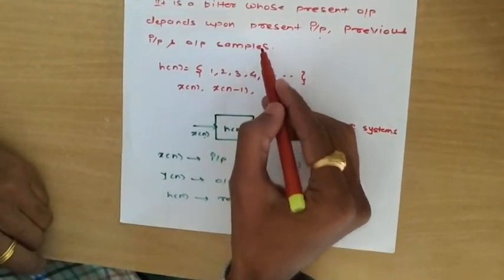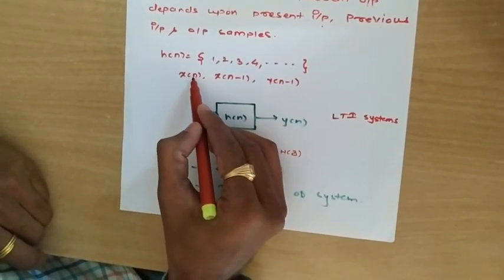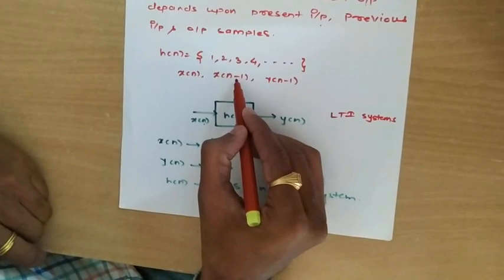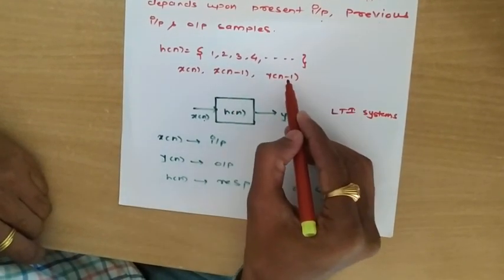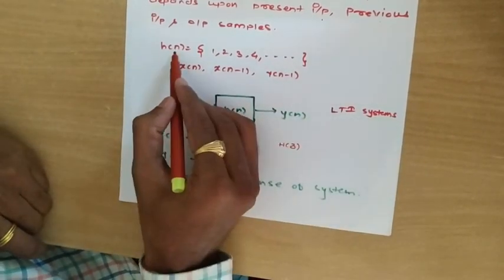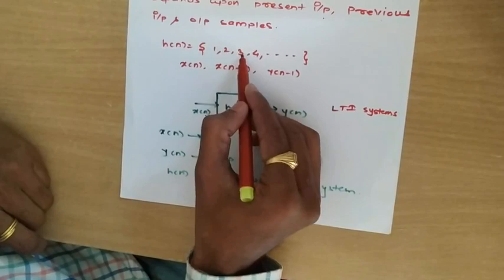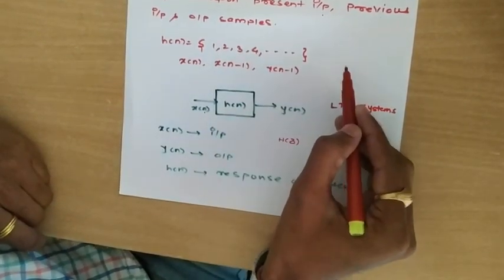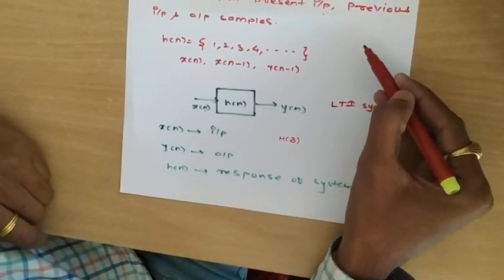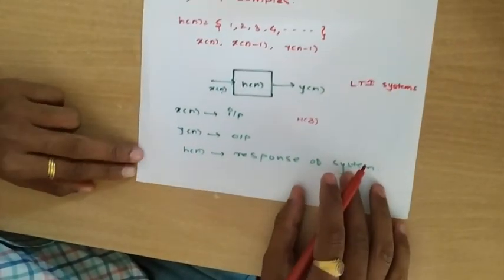That means the present output depends upon present input x of n, previous input x of n minus 1 and output samples as y of n minus 1. Now in this case, the impulse response is infinite. So you can see we are having samples like 1, 2, 3, 4 and so on. So these are the two types of filters that we need to discuss and that we need to realize in terms of the structures.